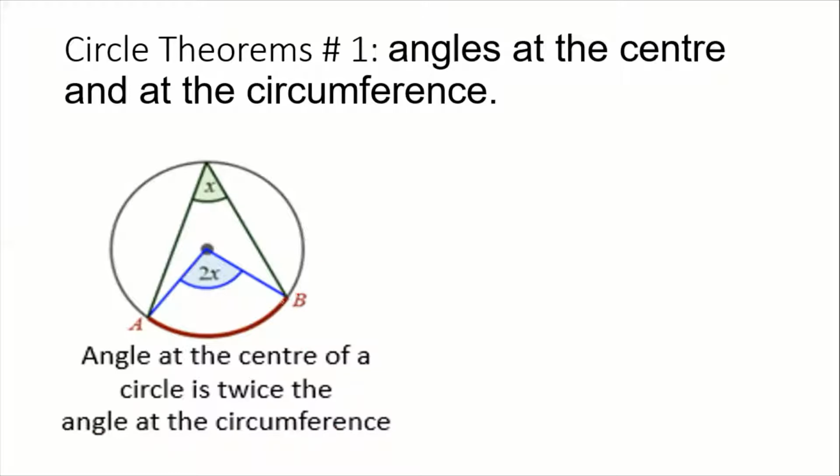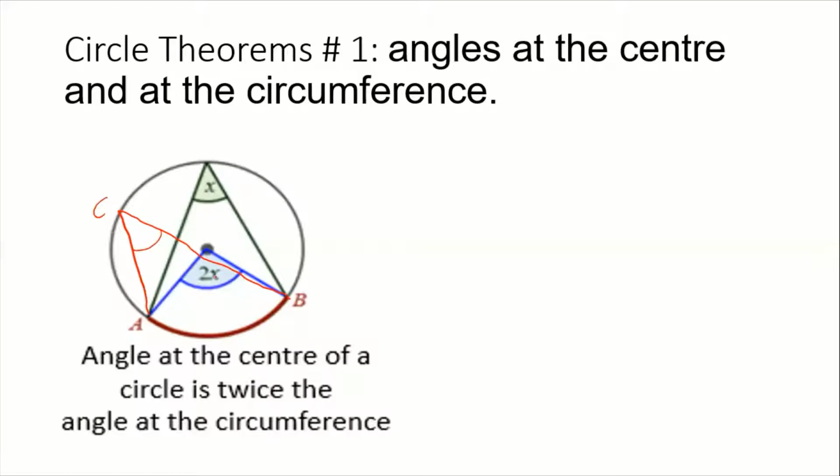So what this means is that if I draw a new line, a line from point A to another point on the circumference, and call that point C, and then draw a line from point C back to B, then the angle that is created at C would have the same value as the one here at x because it is going to be half the one at the center.